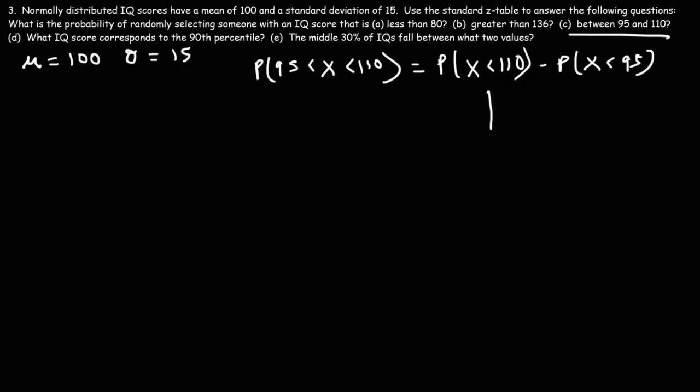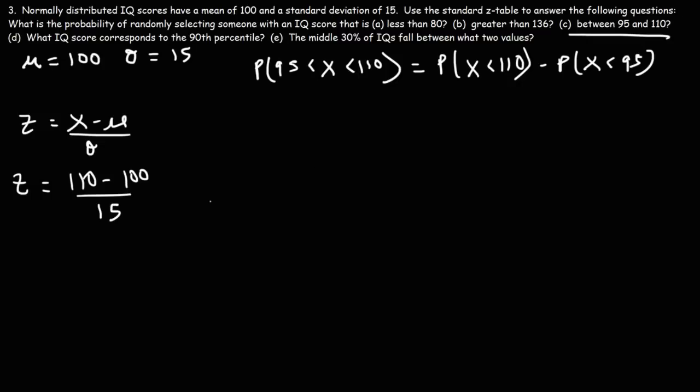But we need to calculate the z-scores that correspond to those two numbers first. So z is x minus the mean over the standard deviation. So let's start with an x value of 110. So this is going to be 110 minus 100, which is 10, and 10 divided by 15.